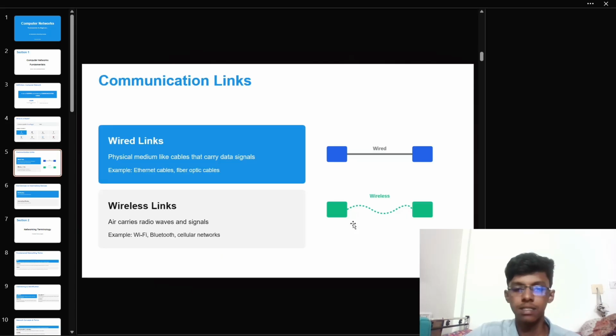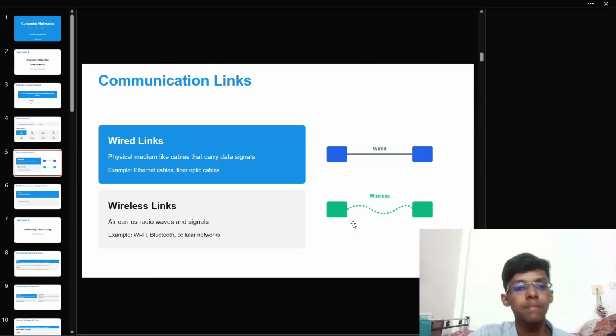So the next thing is communication links. Links give a medium that carries the data between nodes. So remember, nodes plus links equals network. Communication links can be of two types: wired links and wireless links.